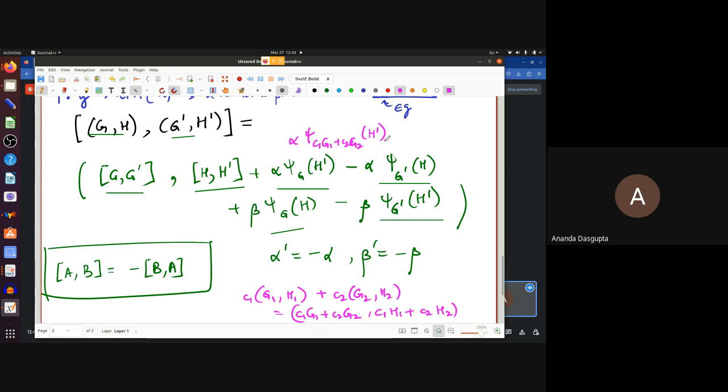Does that work? Is that going to work? Will it give me what I want? That is C1 times alpha psi G1 H prime plus C2 times alpha psi G2 H prime. Will it?